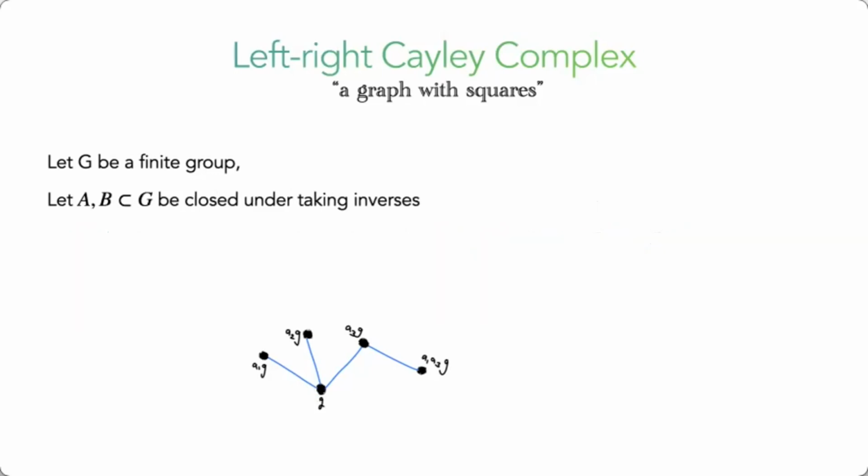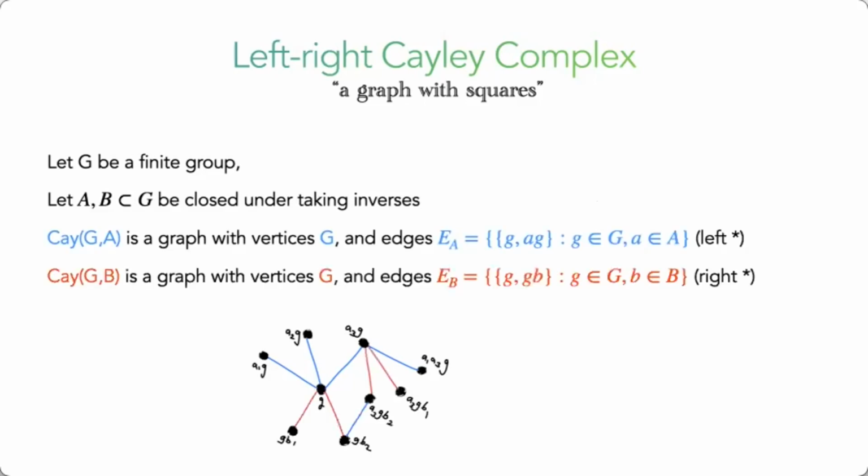Now what we're going to do is take two sets, A and B. They can actually even be the same set, but let's think of them as two separate sets. We're going to look at two Cayley graphs, one with respect to A and one with respect to B, but with a slight twist.